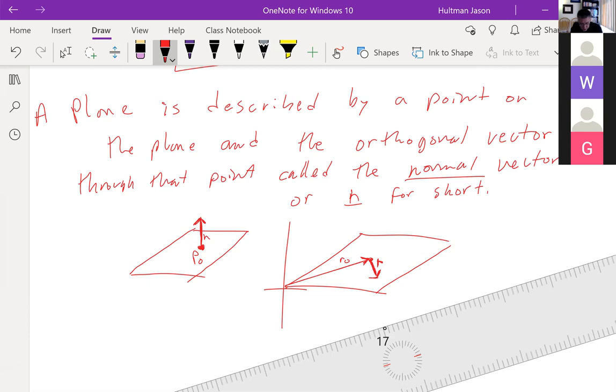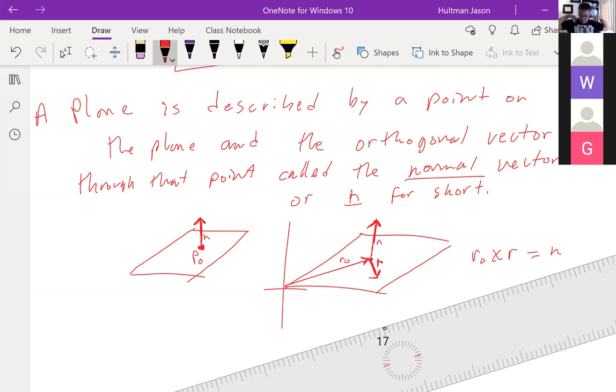But when I do my cross product, my right-hand rule from R naught cross R, that equals my normal vector, that equals n. So R naught cross R goes to n.